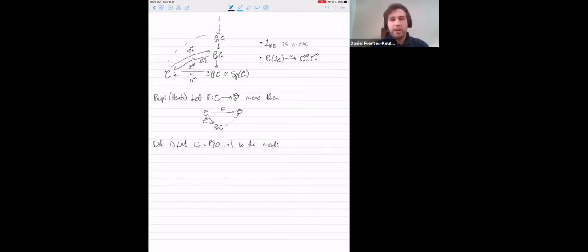So set inclusion amongst these subsets gives me the vertices of the cube and the edges. I'm going to let box n with a circle up there be the punctured n cube. So I take my n cube and I remove the initial vertex.